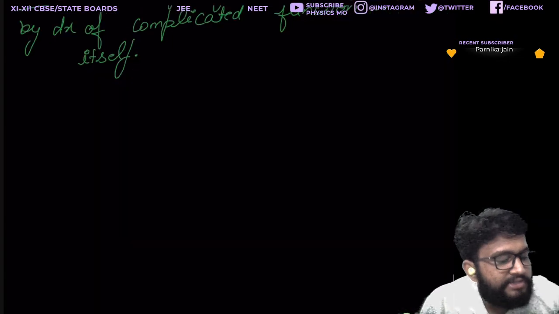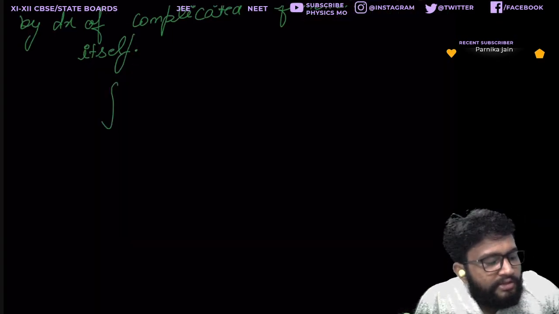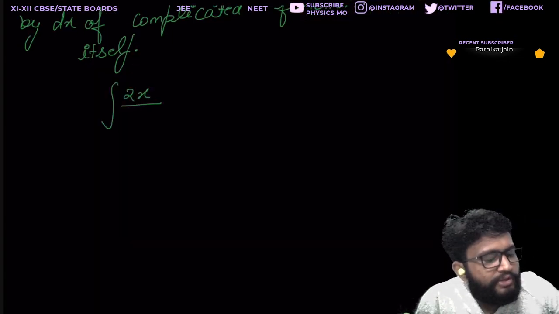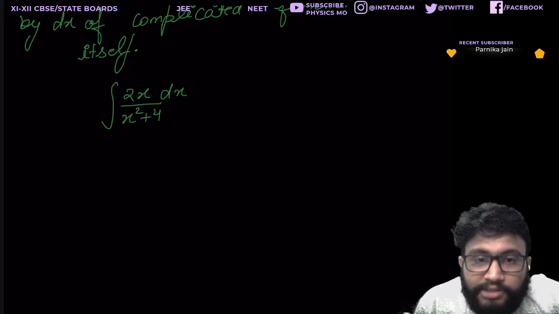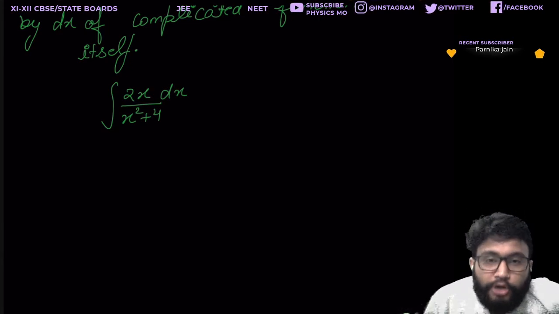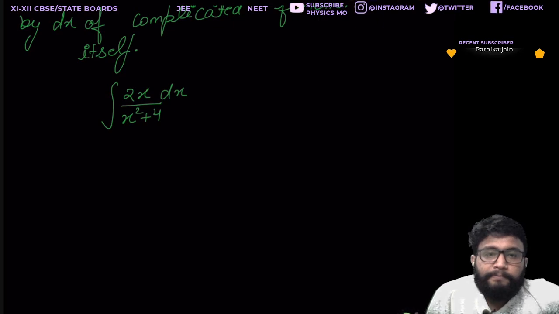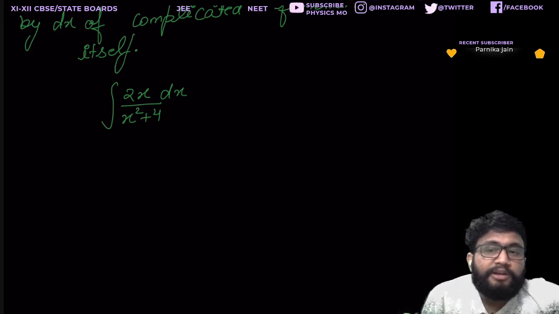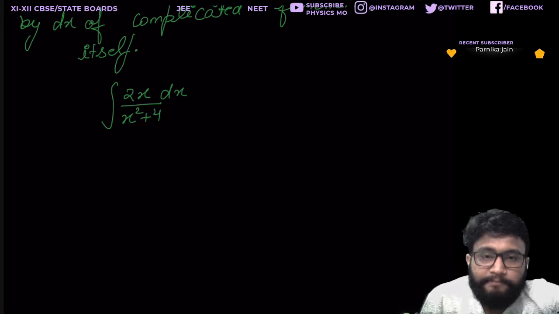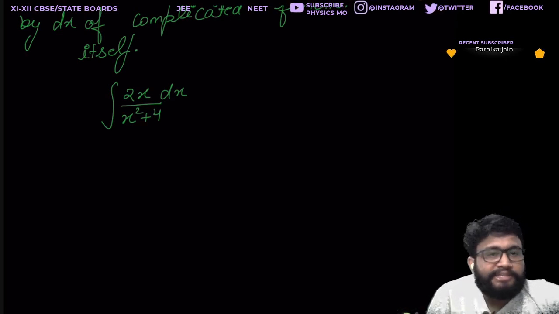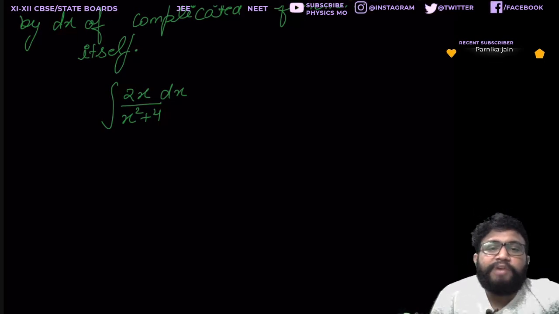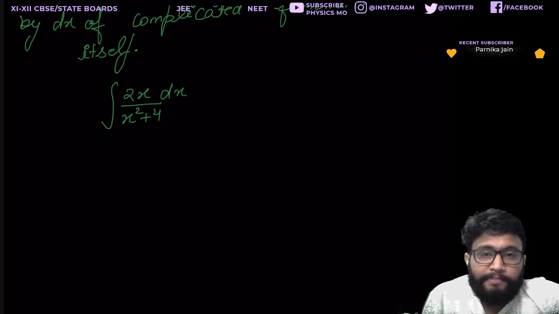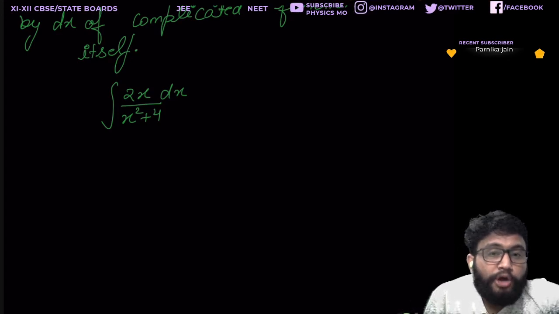What does this mean? If you are given 2x upon x square plus 4 dx, please see this very carefully. This is not of the form which you can remember as being the differentiation of something. Because in most algebraic expressions we have only one formula, and that is simply for integration of x raised to power n, and this one is not of that form.